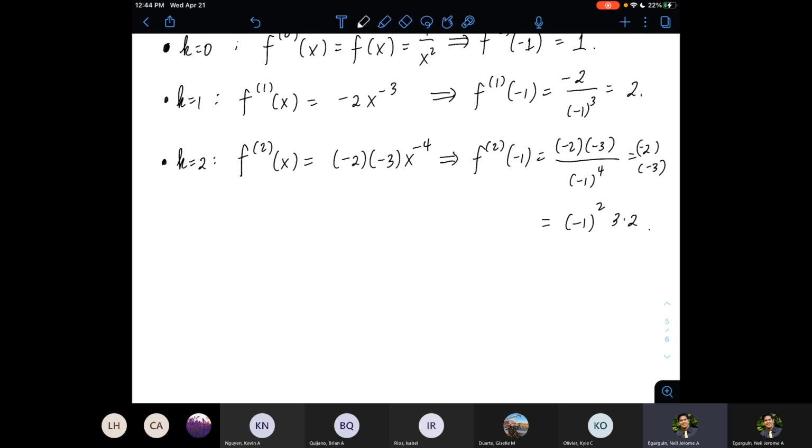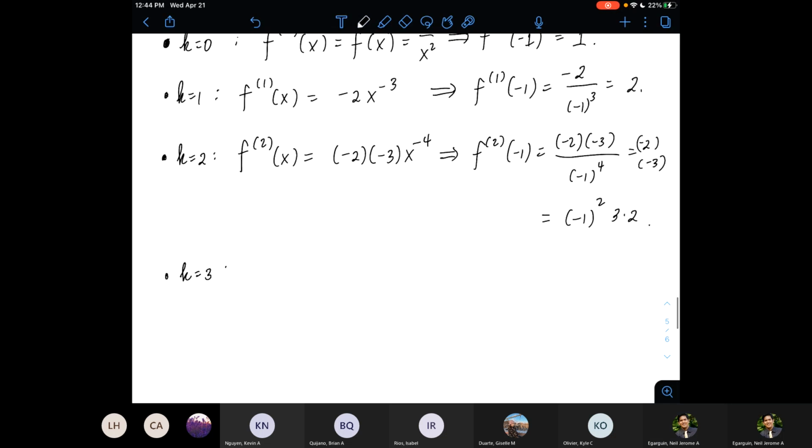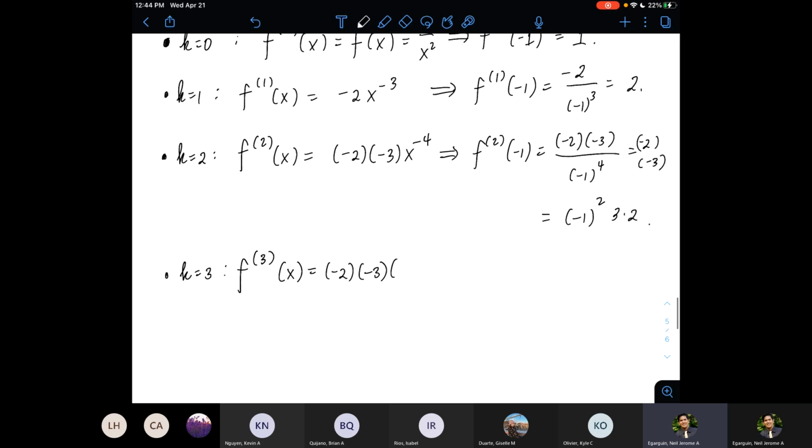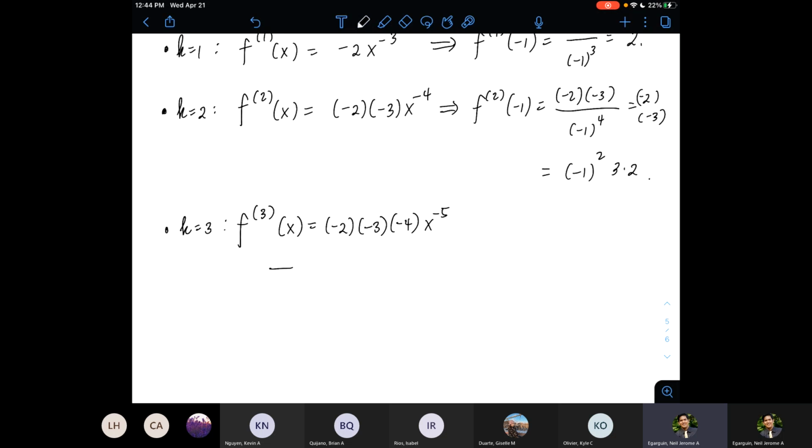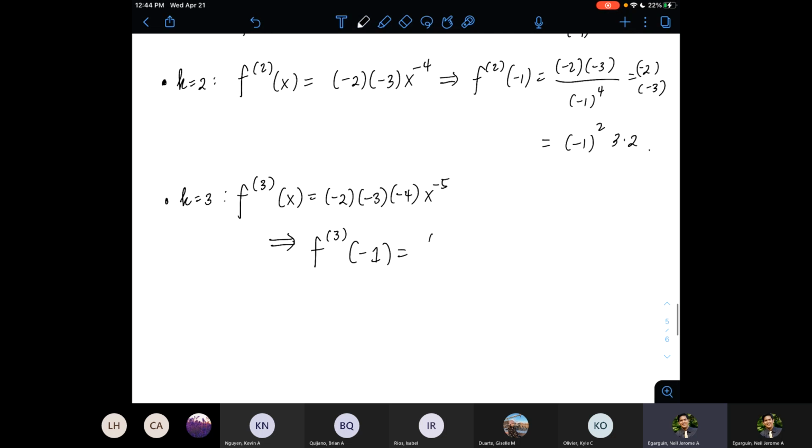Is the pattern now obvious? If not, then we can take another derivative. When k is equal to 3, we get f upper 3 evaluated at x will just be -2 times -3 times -4 x to the minus 5. All right. So this tells us that the third derivative evaluated at -1 will just be -2 times -3 times -4 over (-1) to the 5th power.